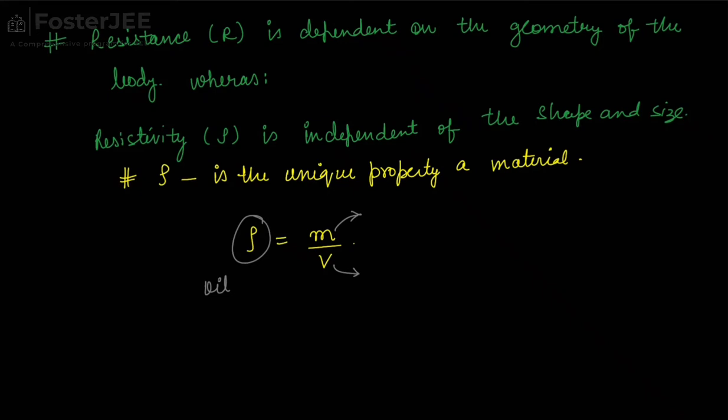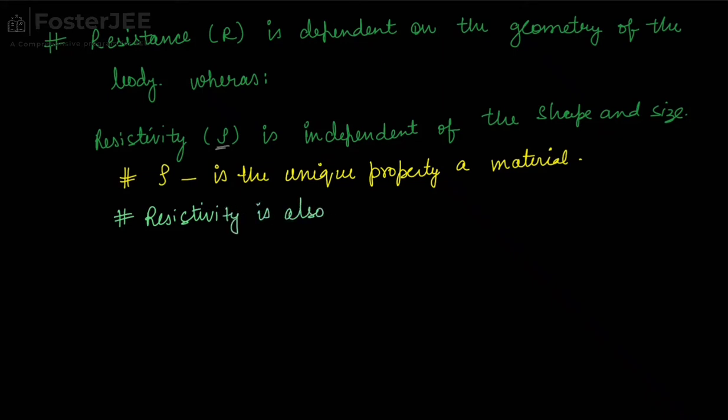So the density of water and oil are different, but for any amount of mass taken of a particular substance, the density will be constant. Similarly, resistivity is the property of a material which is independent of the size and shape. Resistivity is also called specific resistance.